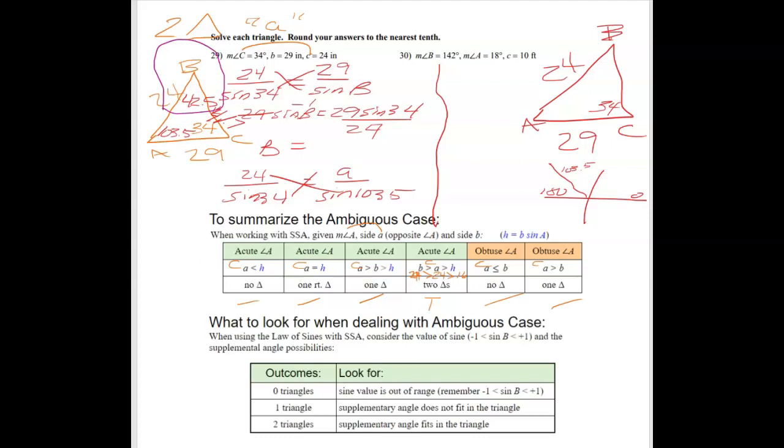Since we knew sine is positive in the first quadrant and sine is positive in the second quadrant, if we have 42.5, we want to take that off of 180, and that will give us our other angle for B. So 180 minus 42.5 gives you, B can now also be 137.5, because if you take the sine of 42.5 and the sine of 137.5, you get the same answer.